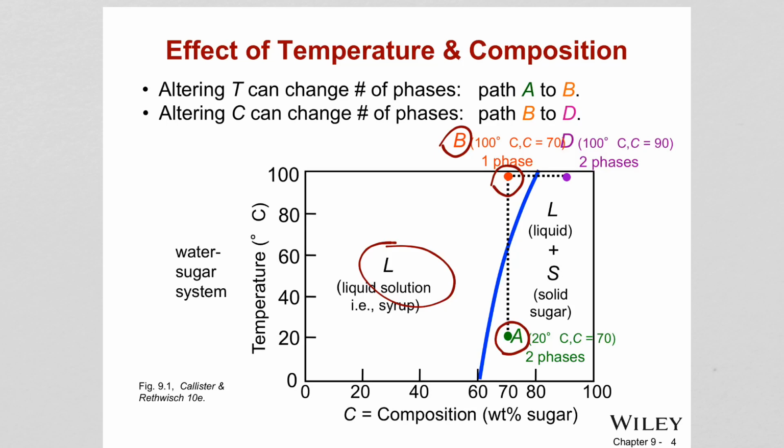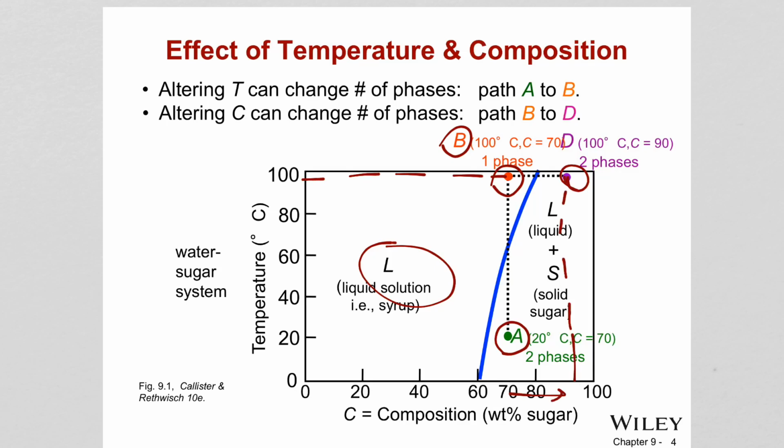So let's say you are at a constant temperature and you are changing the composition. Let's say you are adding more sugar. If that is the case, let's start from point B, where we just have one phase, and we are going to point D. We are keeping the temperature constant, but we are increasing the composition.